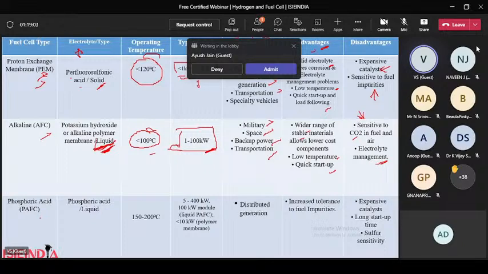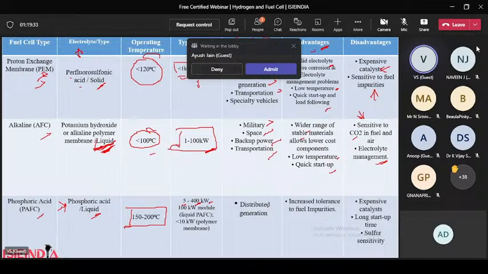Now coming to the phosphoric acid fuel cell, PAFC. The electrolyte here is phosphoric acid, of liquid type, and it has an increased operating temperature. Compared with the previous two fuel cells, this fuel cell has a good operating temperature, and the power is also increased, as the stack is using 400 kilowatt.